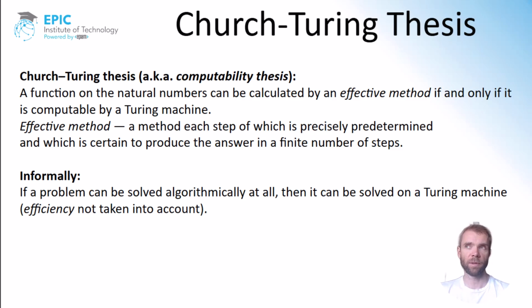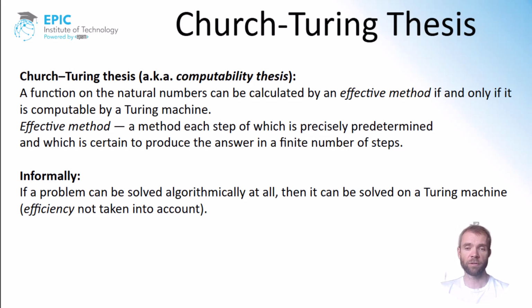And they were quite convinced that practically any algorithm that existed by the time could be implemented on a Turing machine or using lambda calculus. And this made them formulate a thesis. It's not an axiom, although if it is anything in mathematics, it's closer to an axiom. But it's definitely not a theorem. It's not something that can be proved. It's just a definition of what we consider nowadays to be an algorithmically solvable problem.